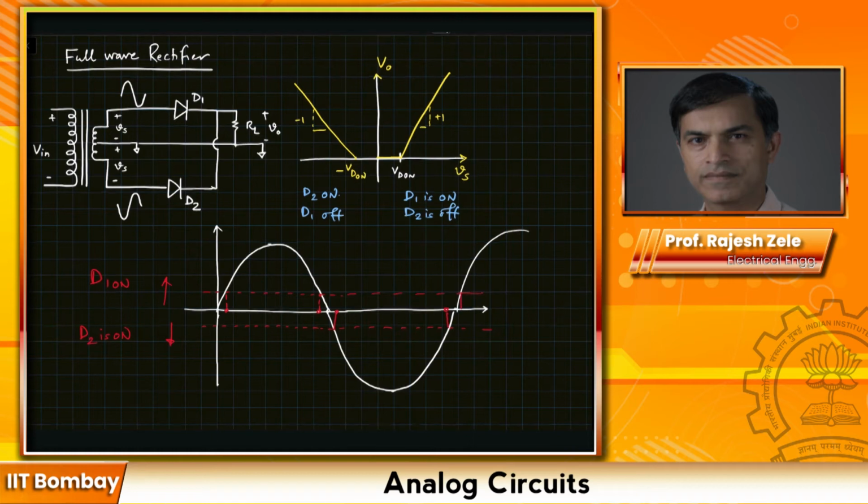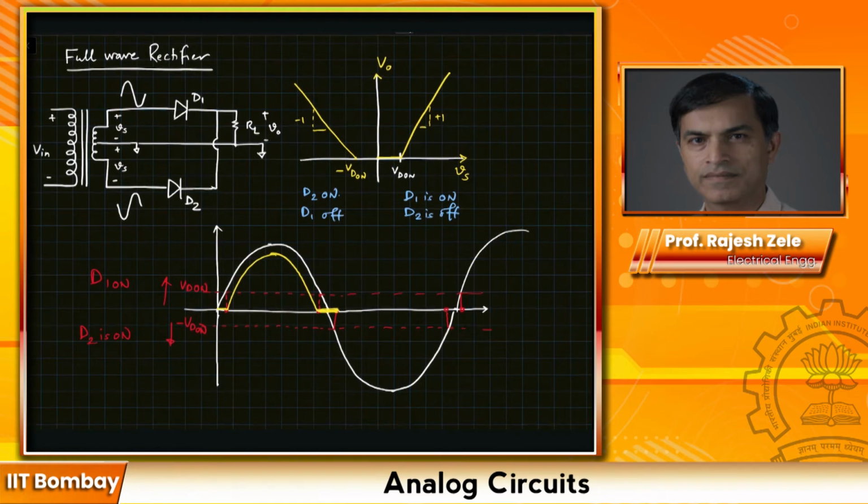I'm just drawing this projection to show you the time point when the diode will turn on, since this is Vd on, and this would be minus Vd on. So the output will look like this. In this portion, the output will go to 0 because none of the diodes is turned on.